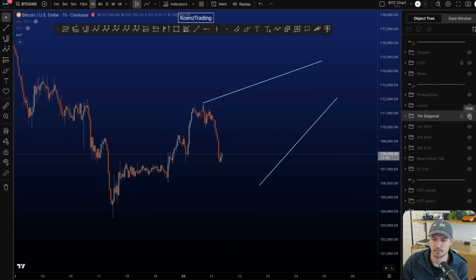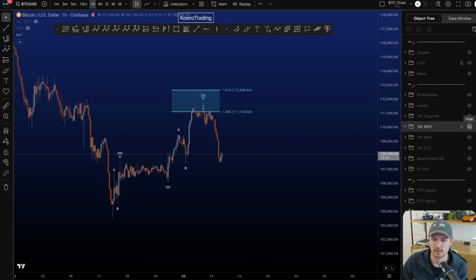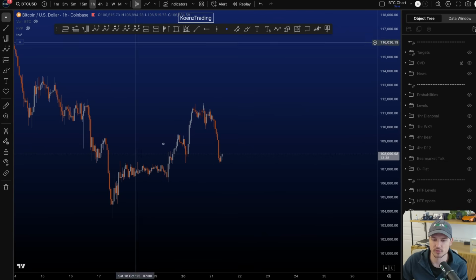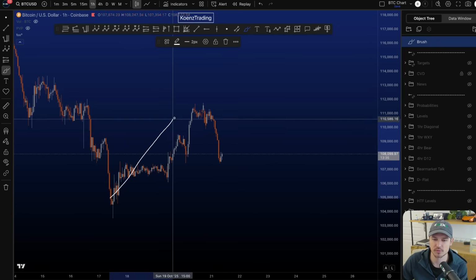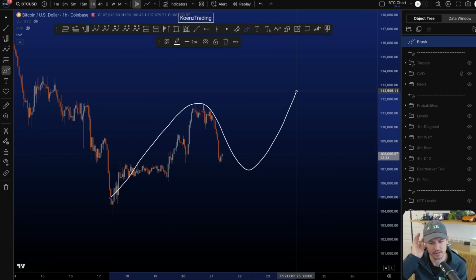Bearish, bullish, and yeah, bearish alternative is a larger corrective structure. I'm just wondering if I want to have this on my chart already.